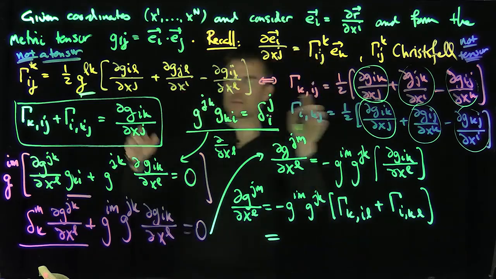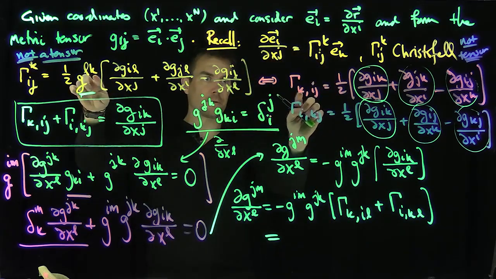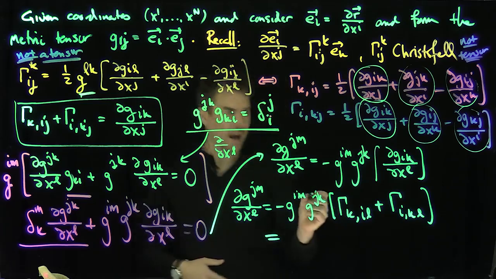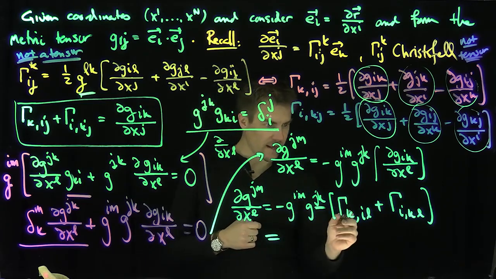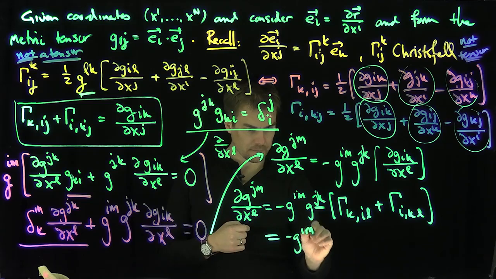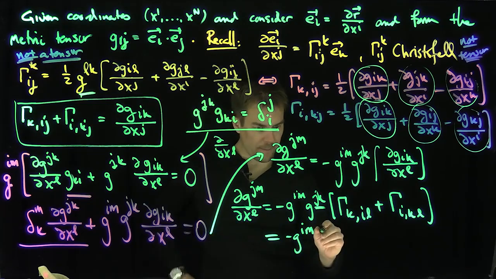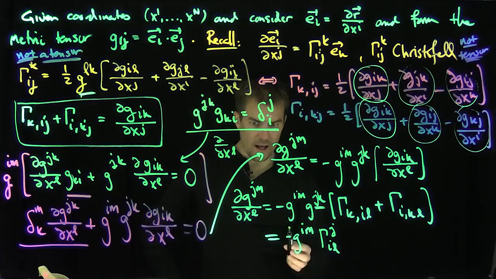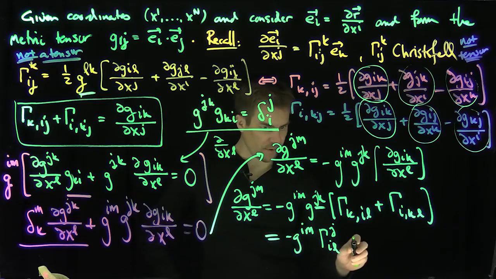In other words, the index has to be in the first slot over here. So I have this g_{jk} over here, right? That's going to hit this thing and raise this to a negative g^{im}, and then gamma upper j, i l, right? Now I'm summing over l. Remember, I'm summing over i over here, so I have a j and an m on top and an l on the bottom, which works out perfectly.